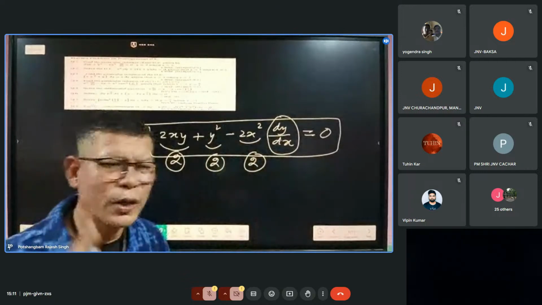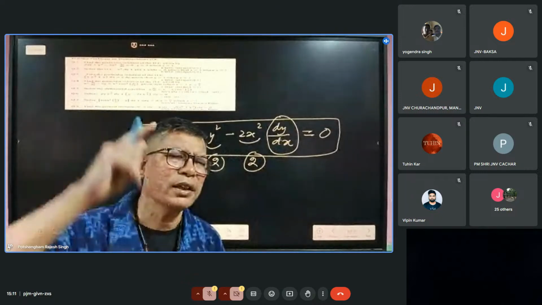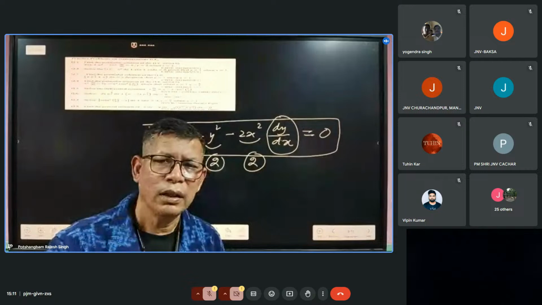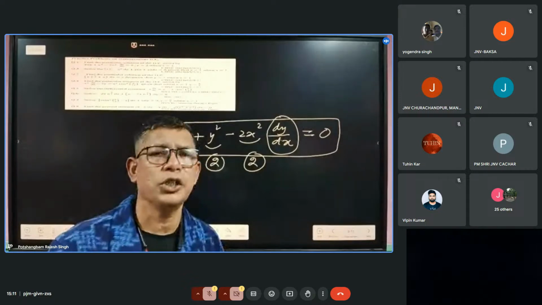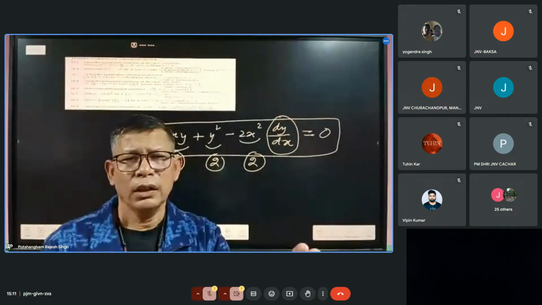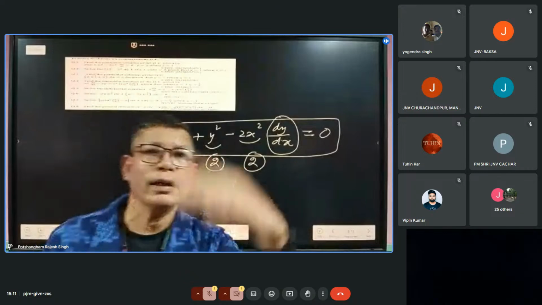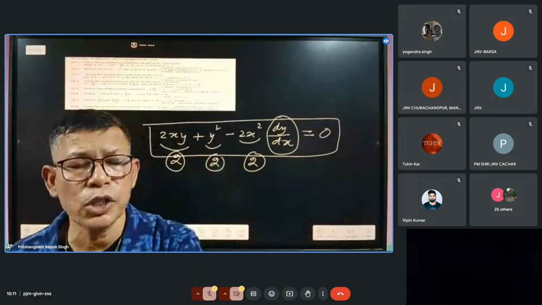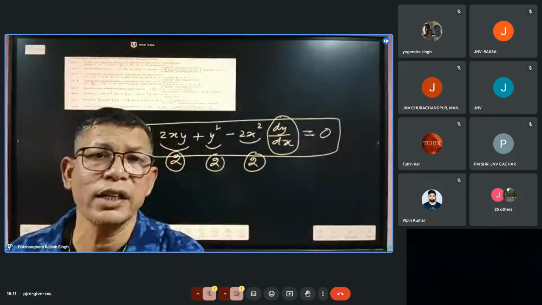So first, the important thing is the correct identification. Once the correct identification is done, the method of solving is so much easier. For example, you must be able to identify correctly whether this will be done by separation of variables, or by the homogeneous method, or by the linear differential equation.